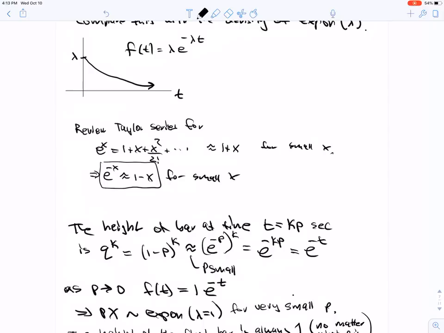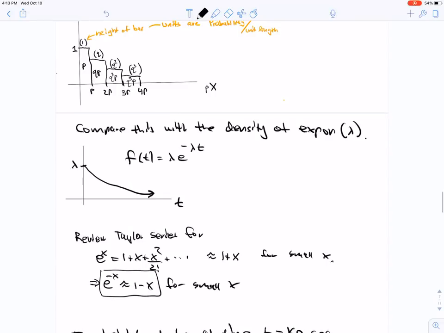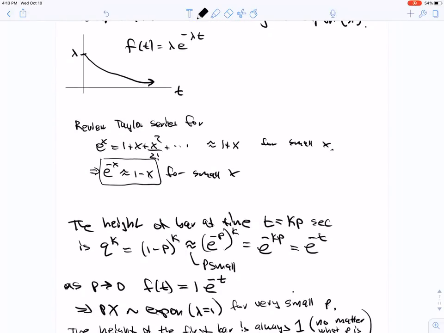So this is just e to the minus kp, which is e to the minus t. So as p goes to 0, the heights become an exponential decay, e to the minus t.